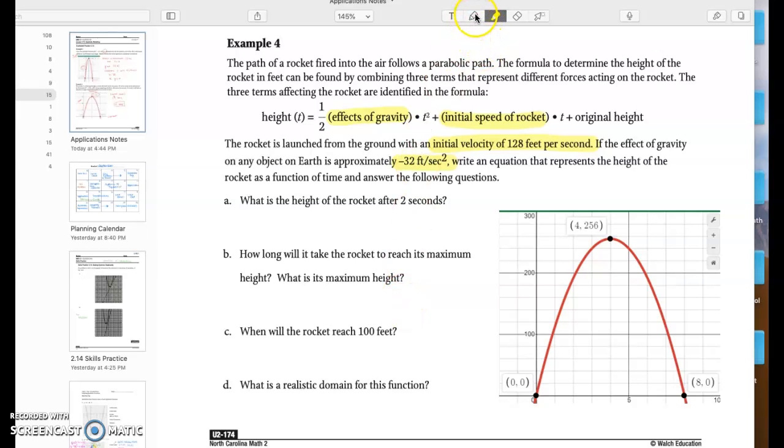So we're plugging in the numbers 128 and negative 32 into these 2 places that I have highlighted. So h of t is equal to 1/2. The effect of gravity is negative 32. Don't forget you have a t squared. That's where our quadratic, our parabolic shape comes in.